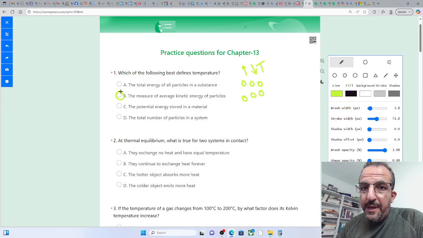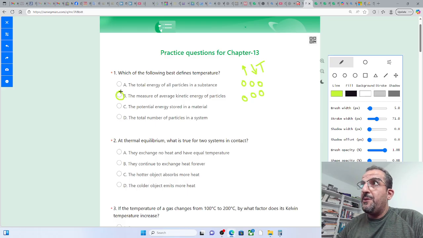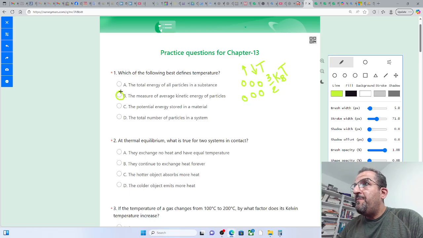The average kinetic energy of all of these gas molecules or particles is going to change. We know that temperature is defined from the thermal kinetic energy: 3/2 Boltzmann constant times temperature is equal to half mass times v squared.